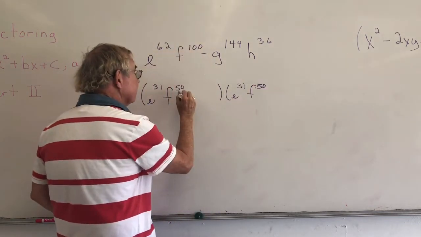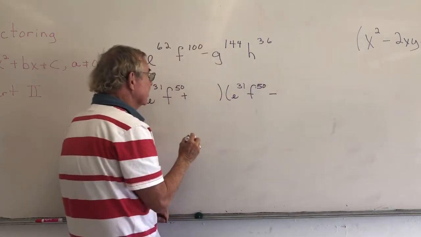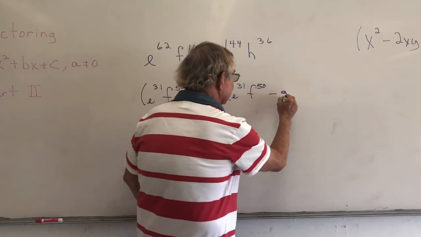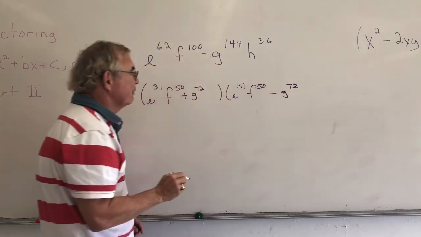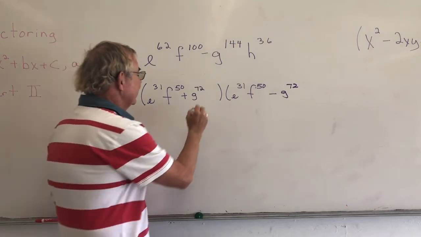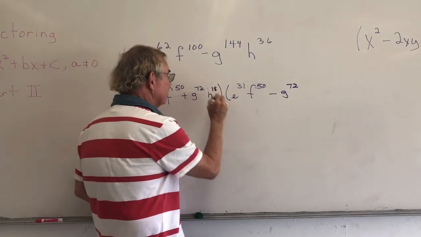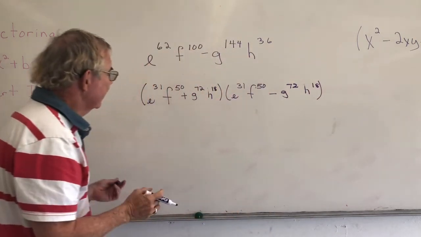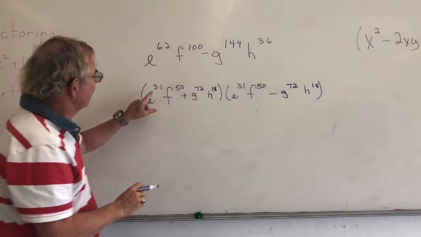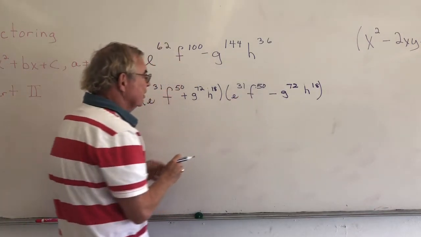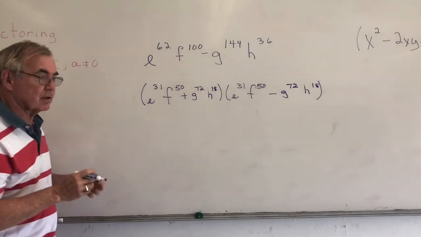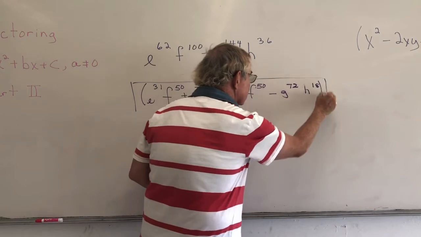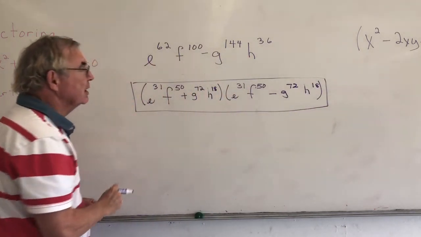One's plus, one's minus. 72 plus 72 is 144. And then 18 plus 18. So what you're doing is saying, well, just half it. Because remember, when you multiply, you add exponents. So it looks very intimidating, but it's a difference of squares. And usually with enough practice, students learn to recognize a difference of squares.